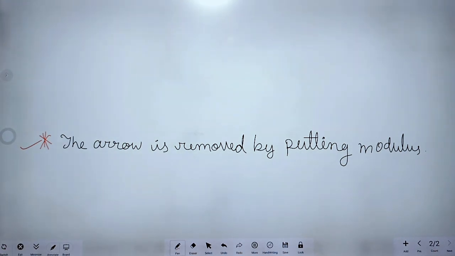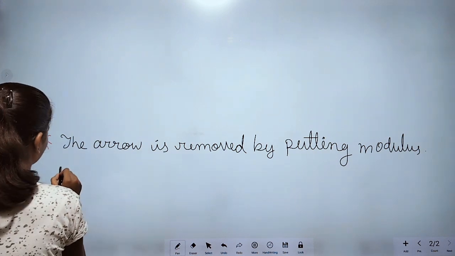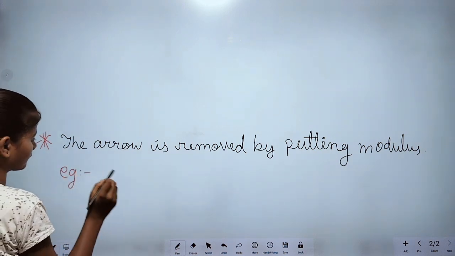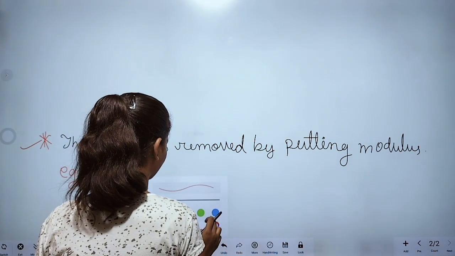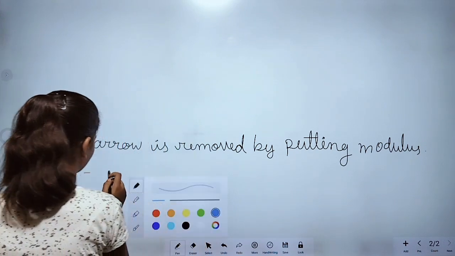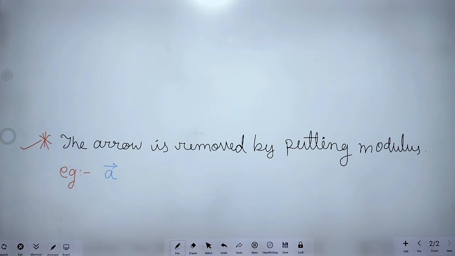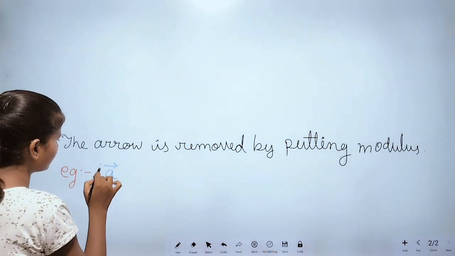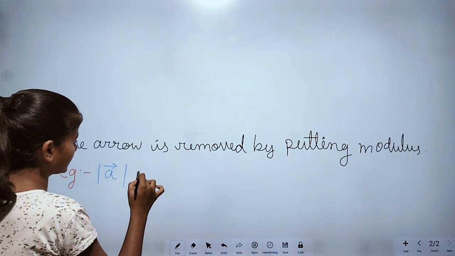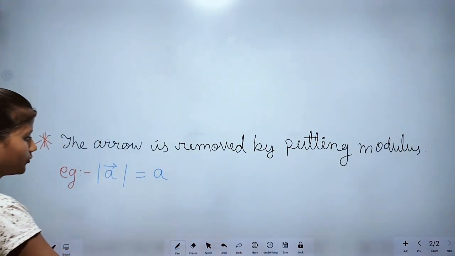For example, this one is a vector A, and when we put modulus, then the arrow is removed.